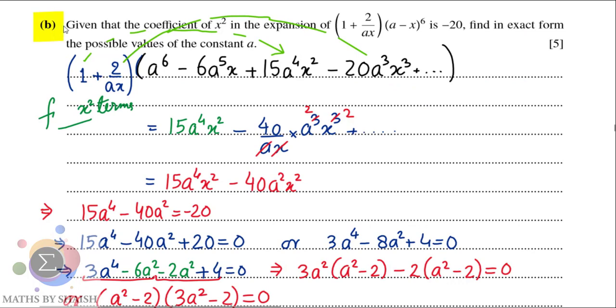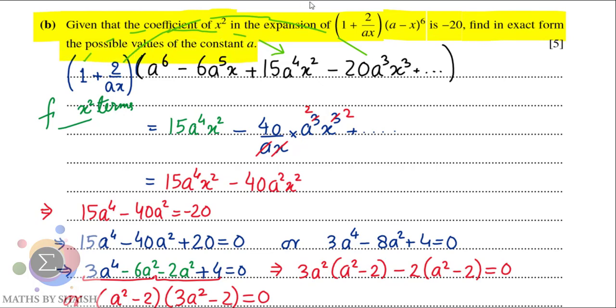And here the b part: given that the coefficient of x square in the expansion of 1 plus 2 over ax, into a minus x to the power 6, is minus 20. This is another type of question which comes in the binomial expansion. Find in exact form the possible values of the constant a.